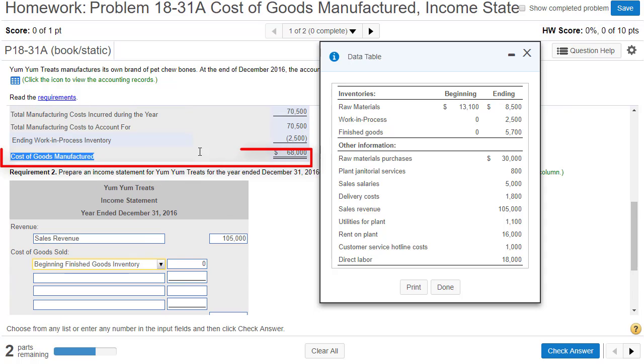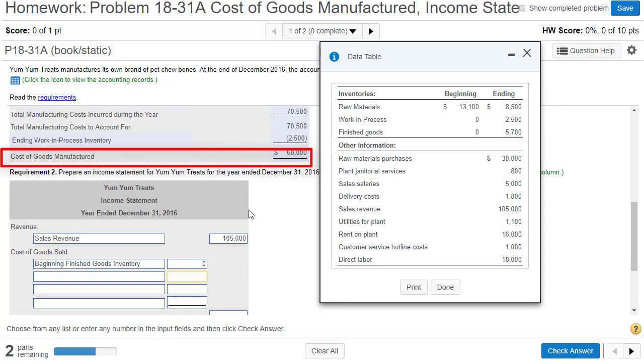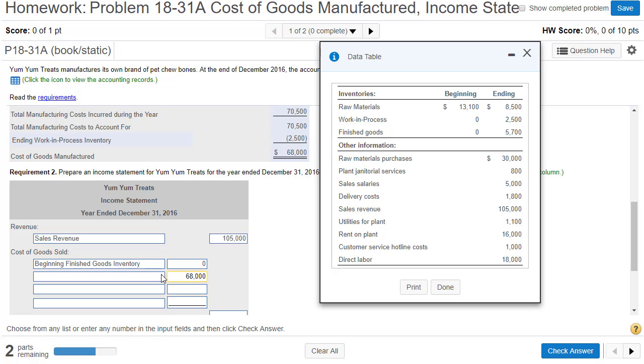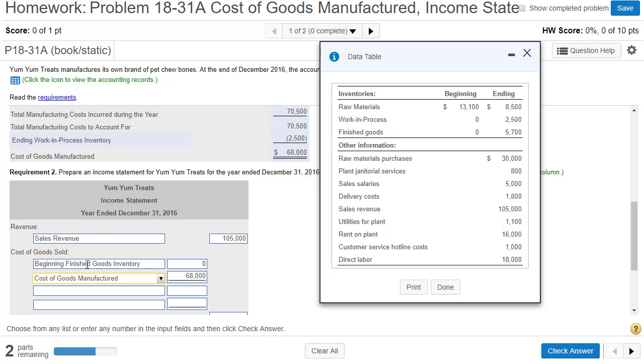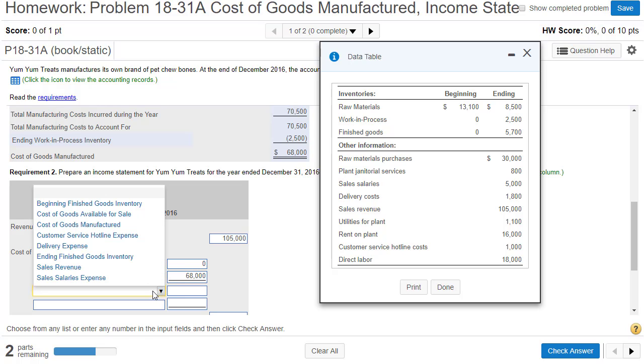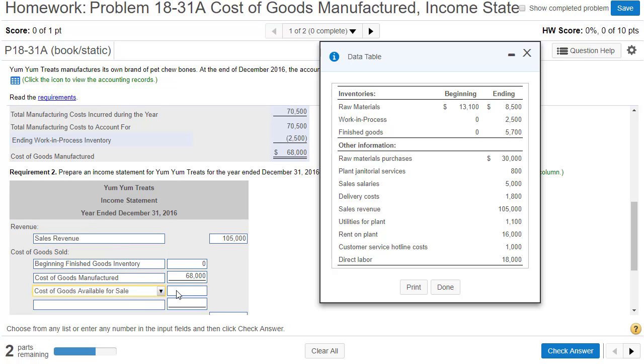Cost of goods manufactured, 68,000. And if I want to avoid a typing error, copy, paste. All right, so we had 0 to begin with. We made $68,000 more. So how many goods were available for sale? Cost of goods available for sale. You're going to add those two, you get 68,000.